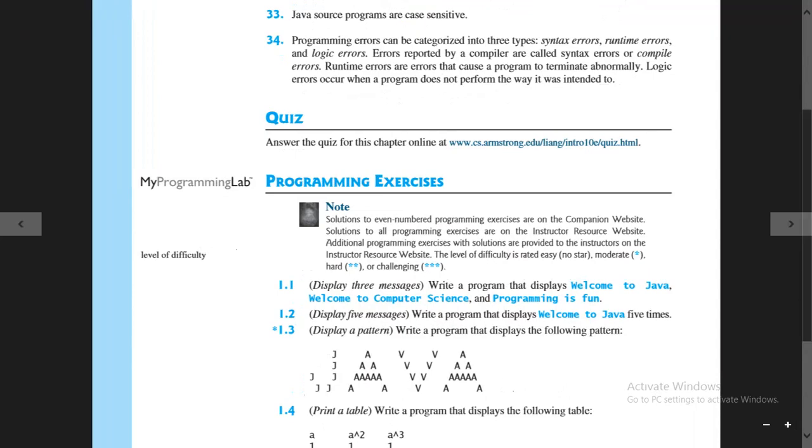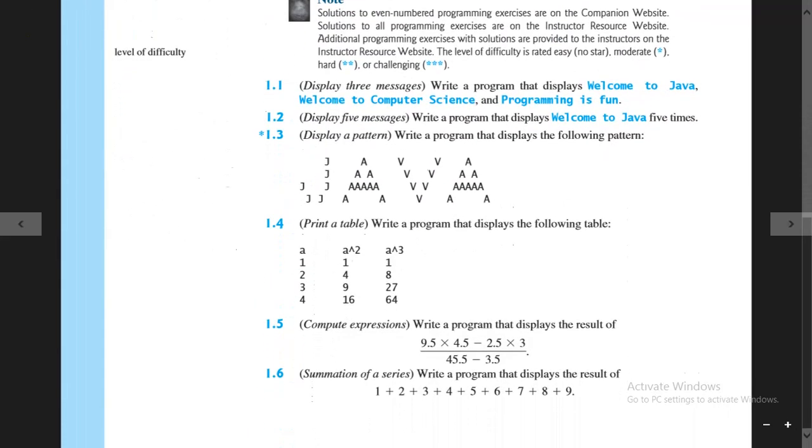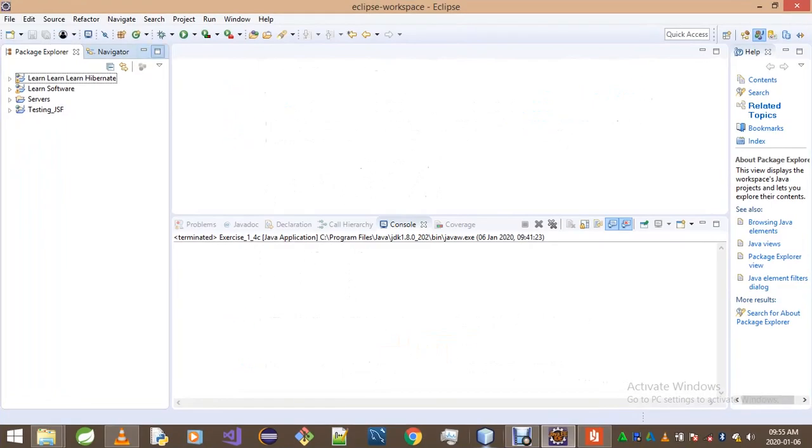For now, let's look at the question. The question we're working on is number 1.5. We are required to write a program that displays the following results for this expression.